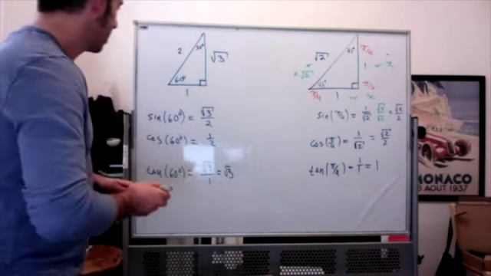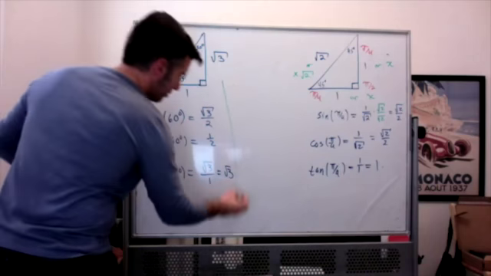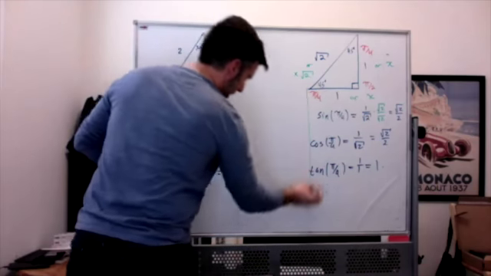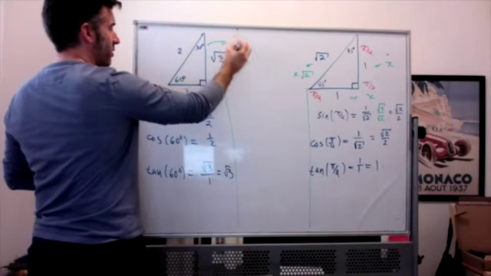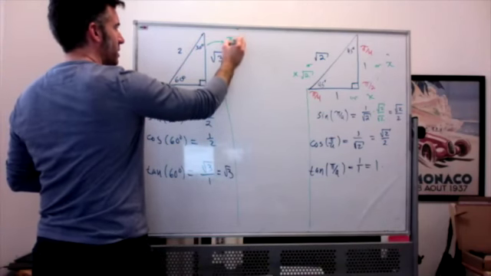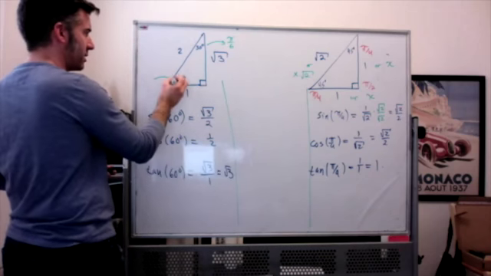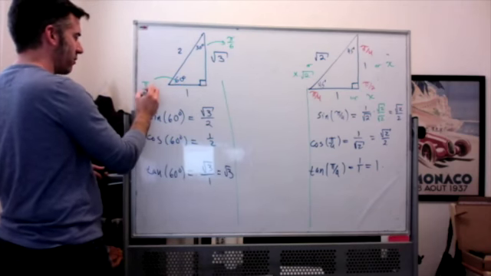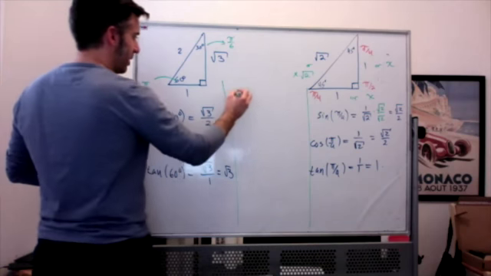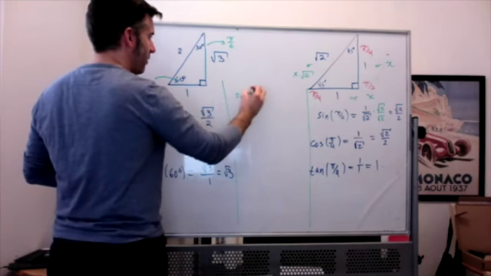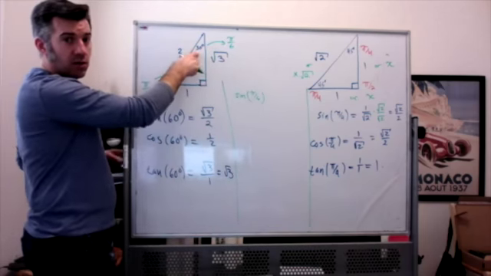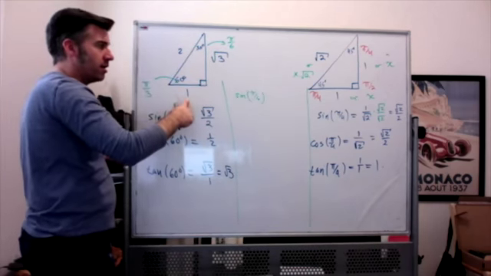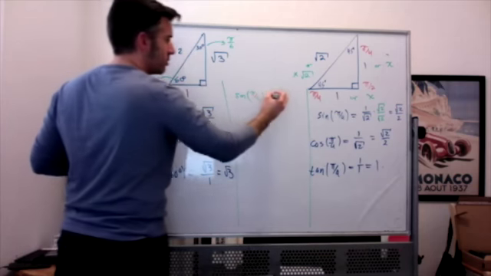The last angle I want to look at is this angle, 30 degrees. 30 degrees is pi over 6 radians. 60 degrees is pi over 3 radians. So I want to find sine of pi over 6. For this angle, the opposite is 1. The hypotenuse is still 2.